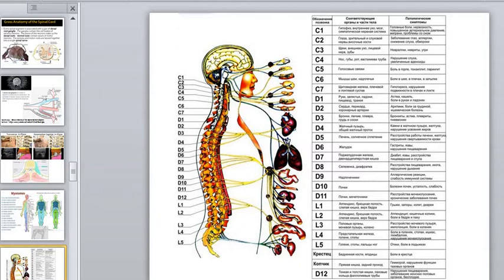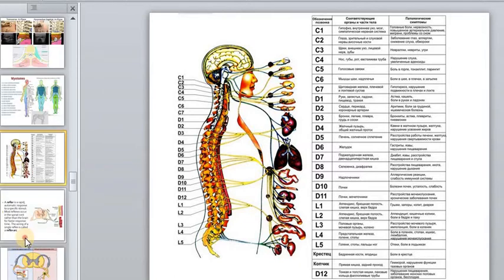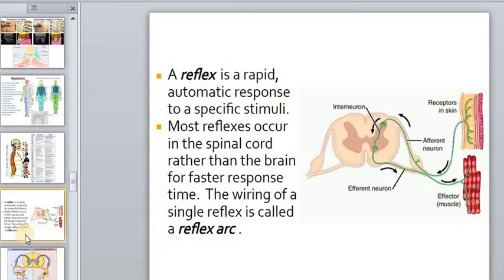So now let's understand how the nervous system controls the function of the body. What is a reflex? A reflex is a rapid automatic response to a specific stimulus. In its simplest form, a reflex is viewed as a function of an idealized mechanism called the reflex arc.